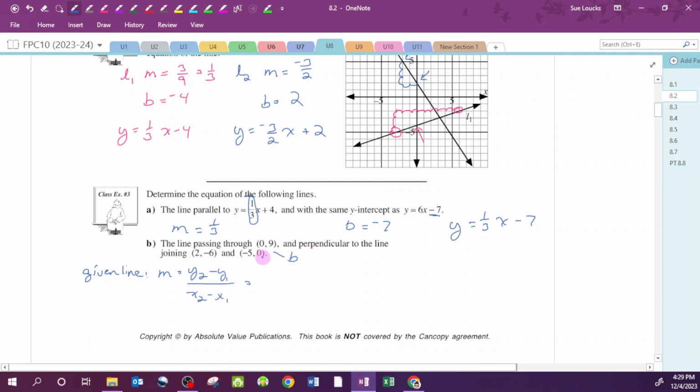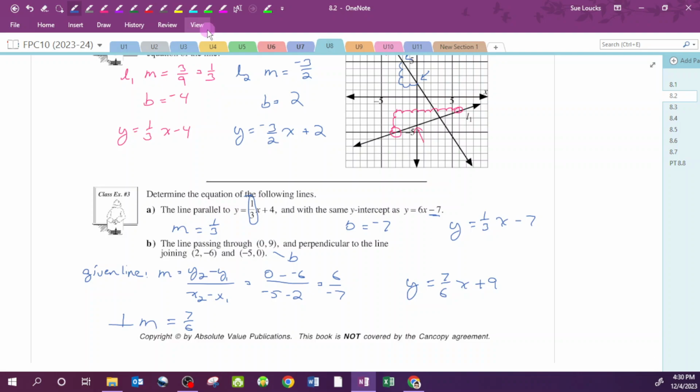So that is going to be 0 minus -6 over -5 minus 2, which is 6 over -7. So that's the slope of the given line, but we need the perpendicular slope, which is going to be 7 over 6. So our equation is y equals 7 over 6 x plus 9.